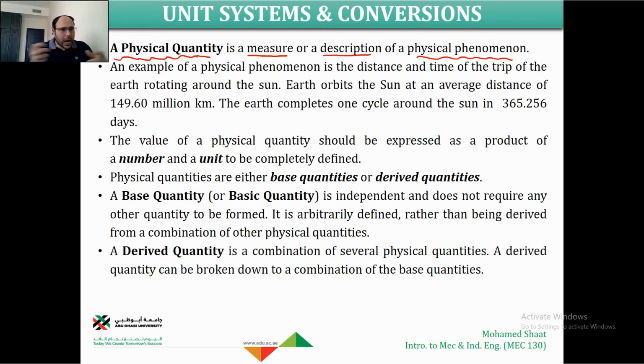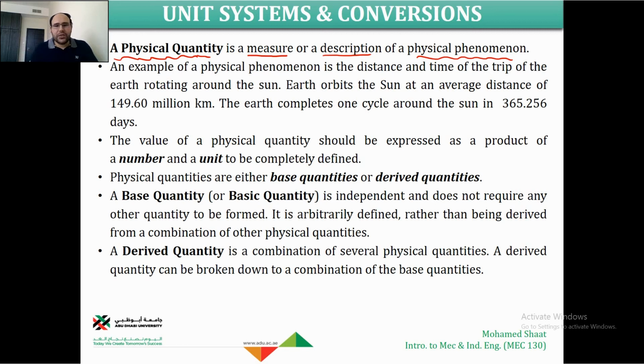Can we describe it? How can we describe this physical phenomenon? In physics, we can say that the earth rotates around the sun every 1 year. This is the time needed to complete one cycle around the sun. This time is a physical quantity.